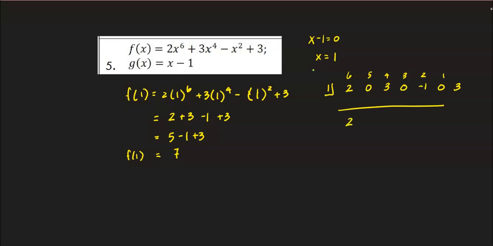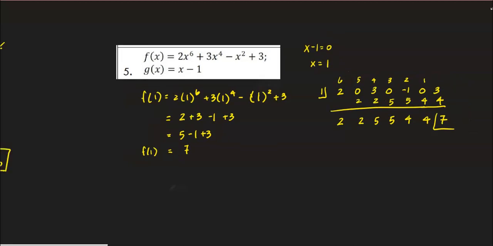Okay, 2, 2, and that's 2, and that's a 1 and a 2 and a 5. Add those two. 5, 5, 5, 4, 4, 4, and a 7. That's your remainder. Good job, guys.